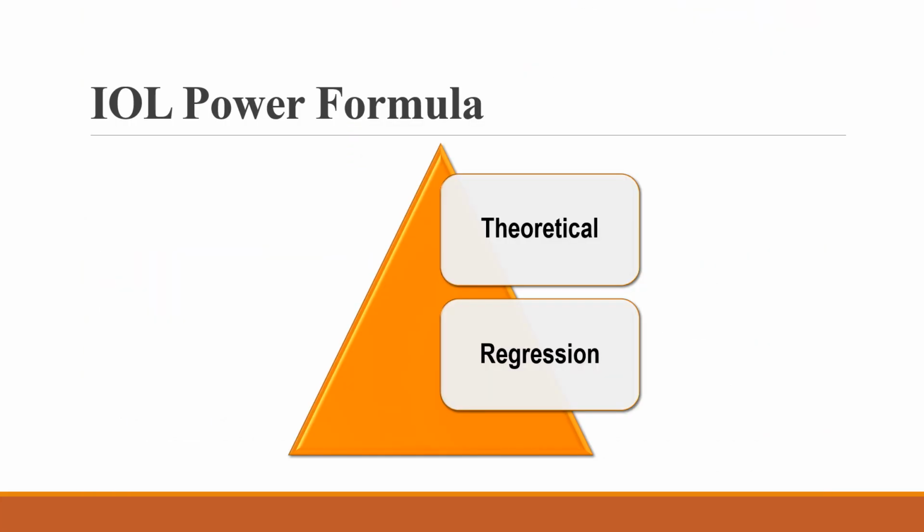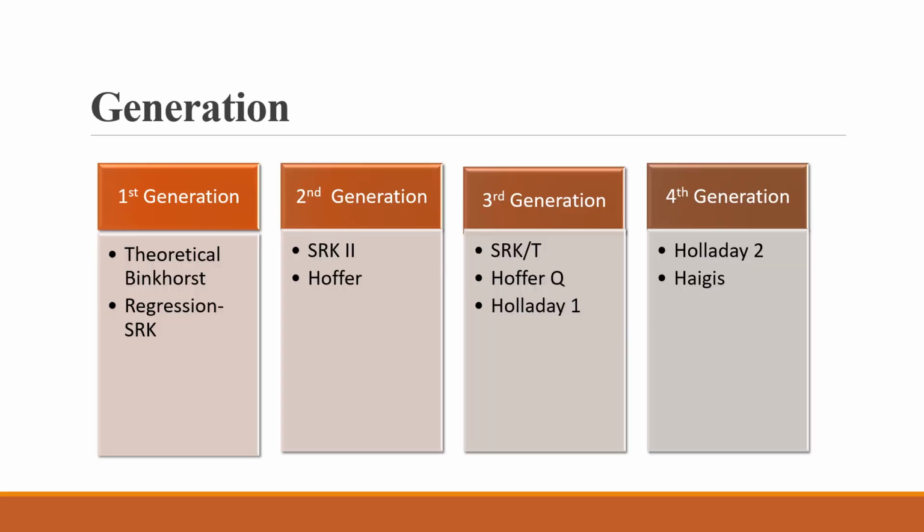IOL formula. We have two types of formula, theoretical formula and regression formula. According to generation, we have four generations of IOL calculation formulas. First generation: theoretical Binkhorst, regression SRK. Second generation: SRK 2 and Hoffer.